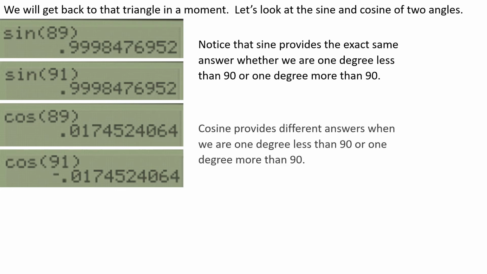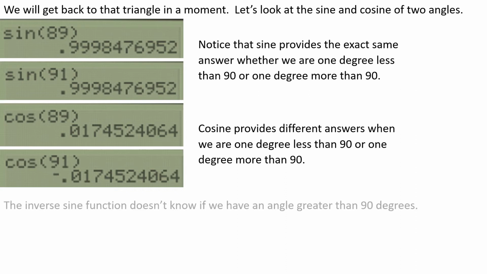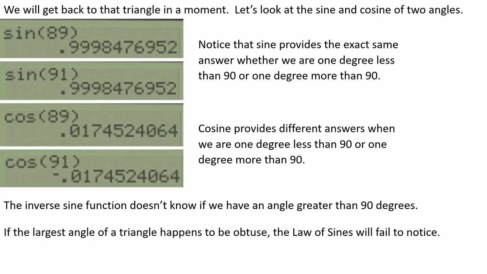Look at the cosine function. The cosine function clearly knows when the angle is greater than 90 versus less than 90. The inverse sine function will not identify an obtuse angle. It's blind to that.